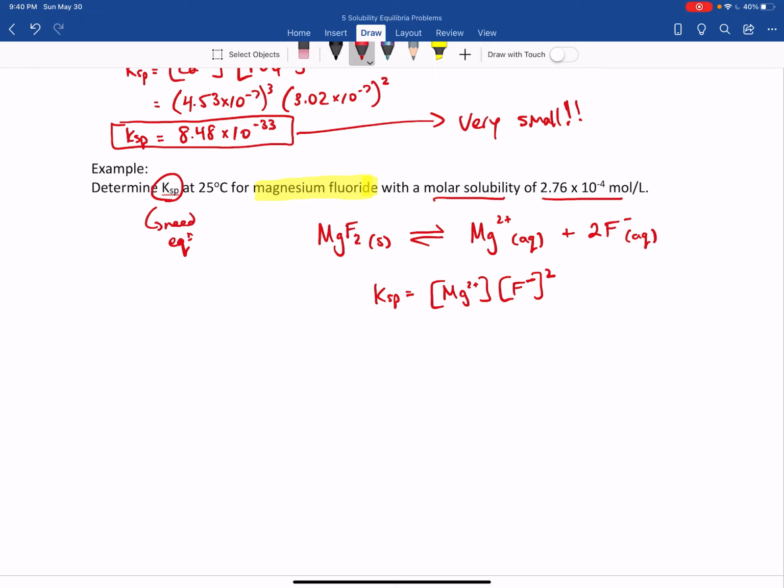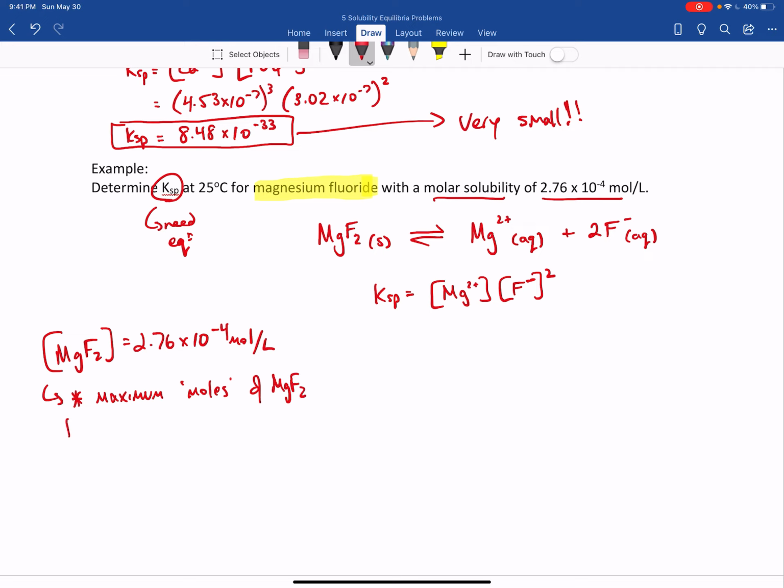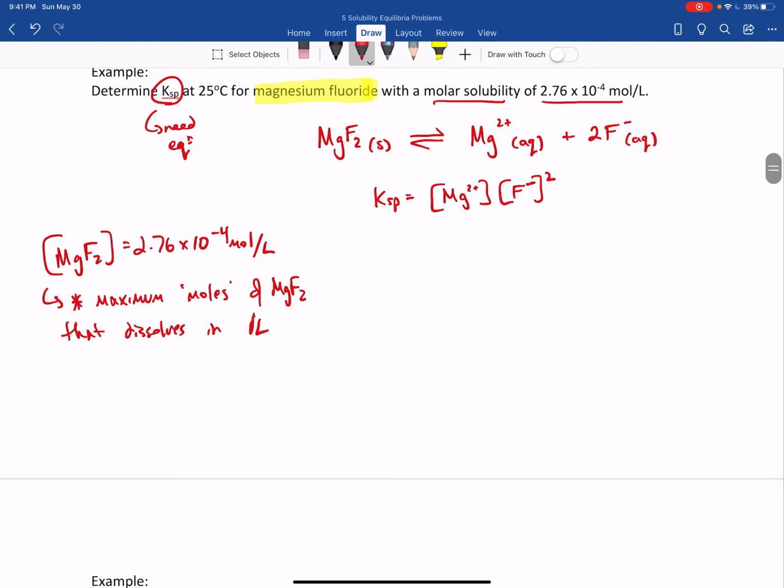What it tells us is that the concentration of magnesium fluoride is equal to 2.76 times 10 to the negative 4 moles per liter. What this means, and it's important to understand this, is that this is the maximum moles of MgF2 that dissolves in 1 liter. So that would be the saturation point.